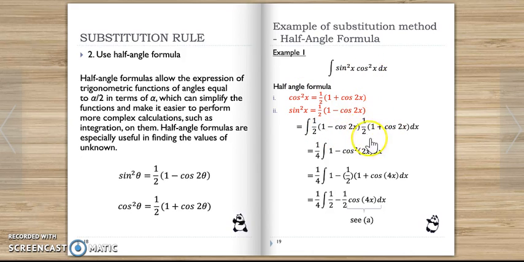Then we make it like this, 1 over 4 integrate 1 minus cos squared bracket 2x close bracket dx.